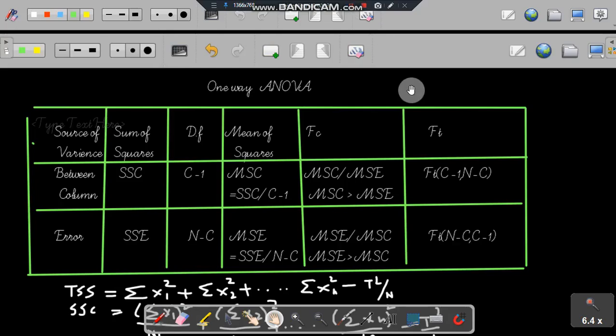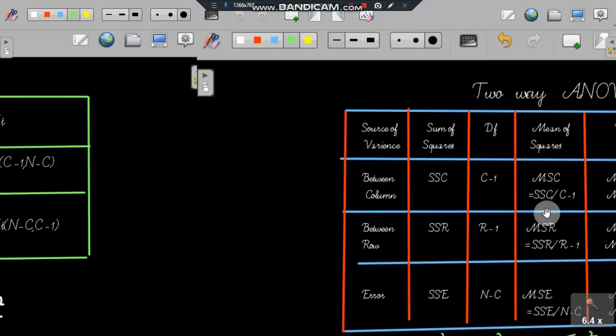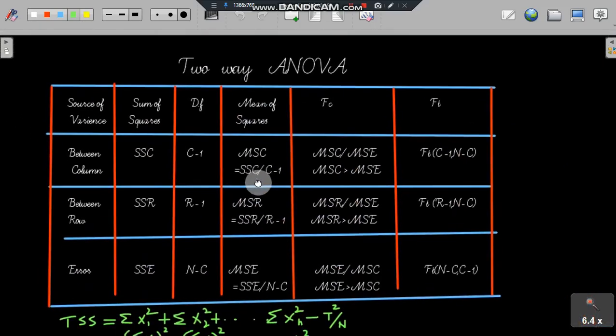Dear students, in the last session we discussed one-way ANOVA. ANOVA means analysis of variance. That's what we were discussing, and the elements of this table also we discussed. In today's discussion I am going to take two-way ANOVA.